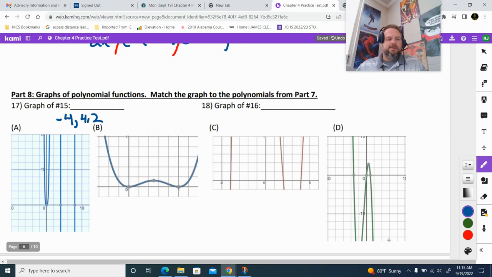Okay. Well, A doesn't have a negative anywhere, so it's not that. This looks like -4, 2, and 4. So the answer for this would be C. And our zeros for this were 0 and 1. Well, look at here. This one is B.